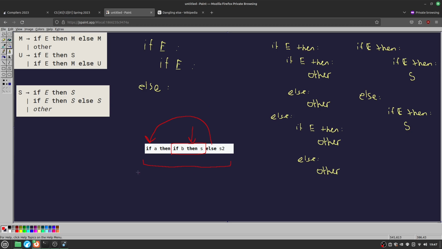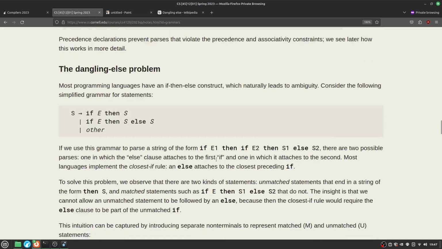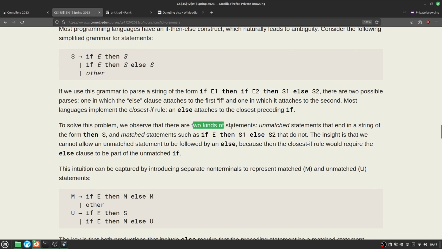Because, well, yeah, when you parse that, you can't necessarily see that this is supposed to be nested. It's just sort of reading it one token at a time. Okay, so to fix this, we observe there are two kinds of statements.